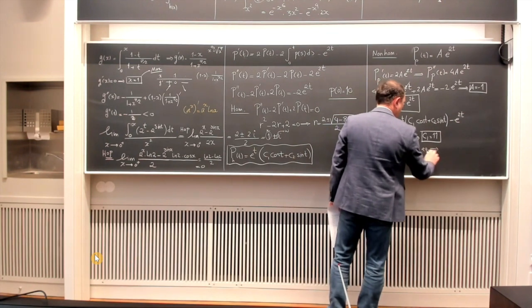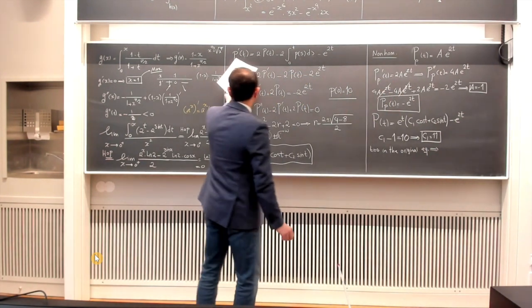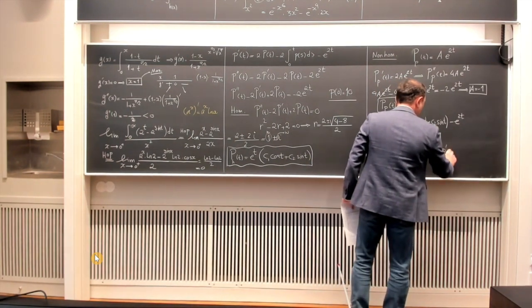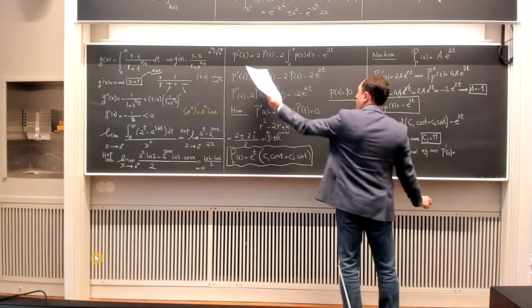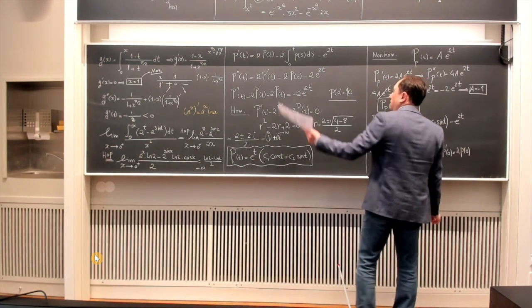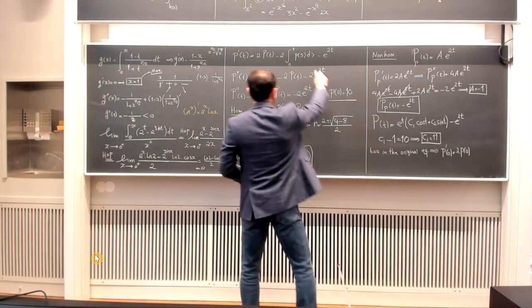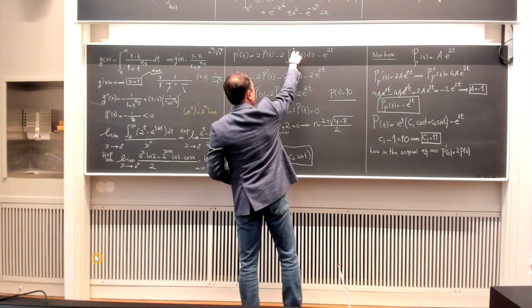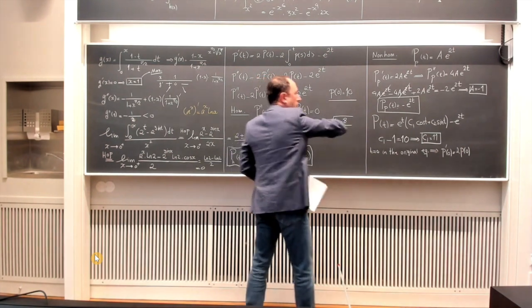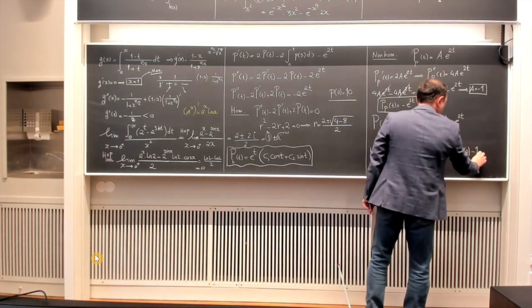So this gives me what? If I put 0 here, it gives me p prime of 0. On the right hand side, I will get 2p of 0. But this part will go away, yes? Because when I put 0 here, the integral from 0 to 0 is 0. So this will vanish. But this becomes minus 1. Yes?